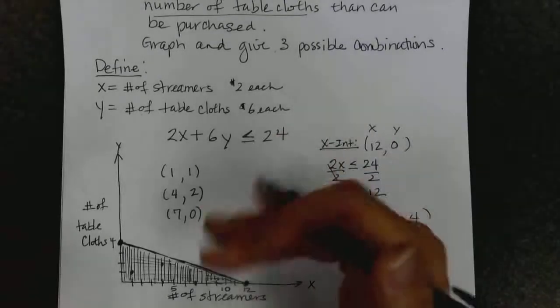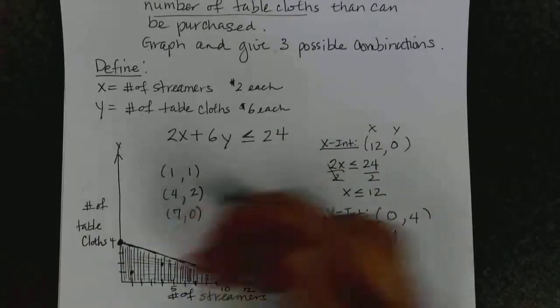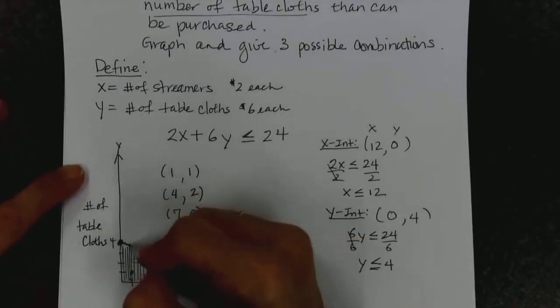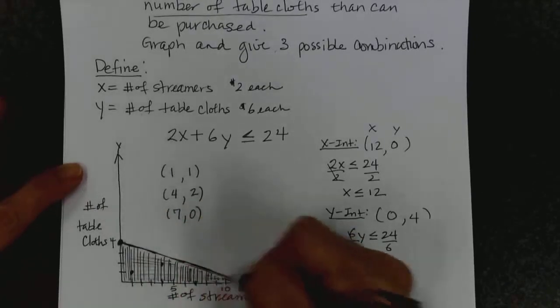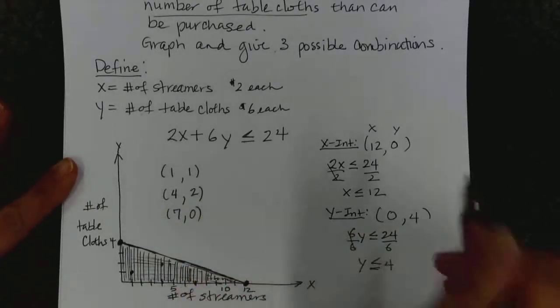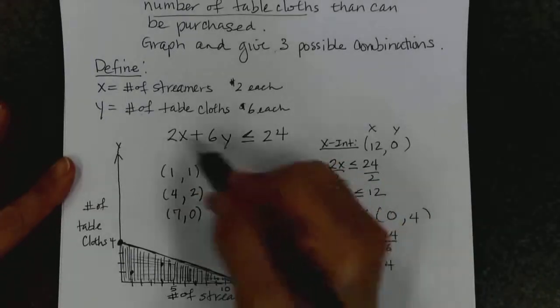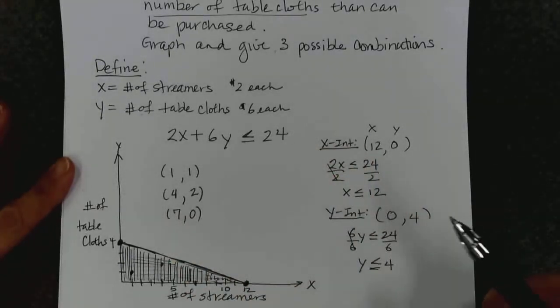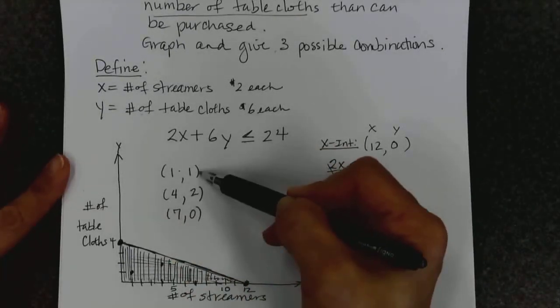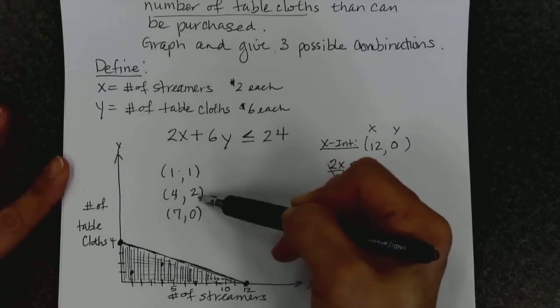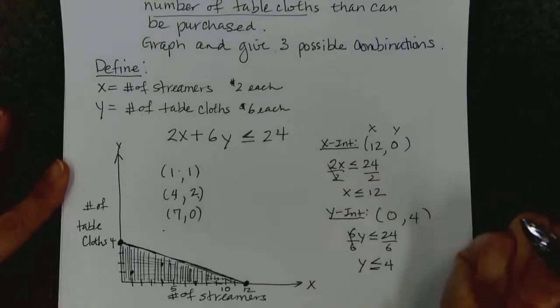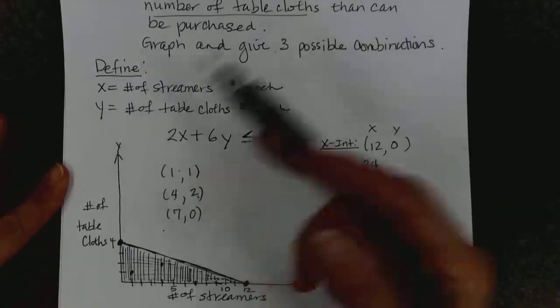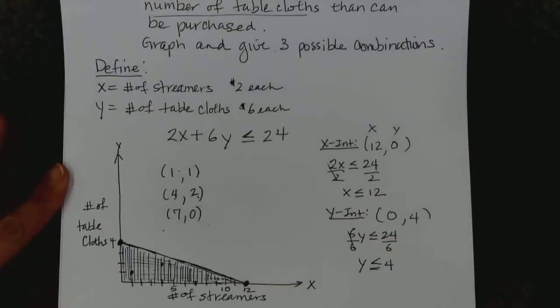Okay, those are my possibilities. There's a whole bunch of combinations that I could do, but anything that's on this line and in that shaded area would be a possible solution. So there's my three possible combinations: 1 streamer and 1 tablecloth, 4 streamers and 2 tablecloths, 7 streamers and no tablecloths. And that's how you apply a linear inequality as part of an application problem.